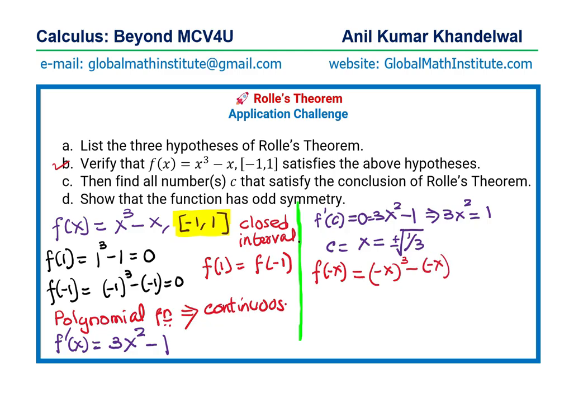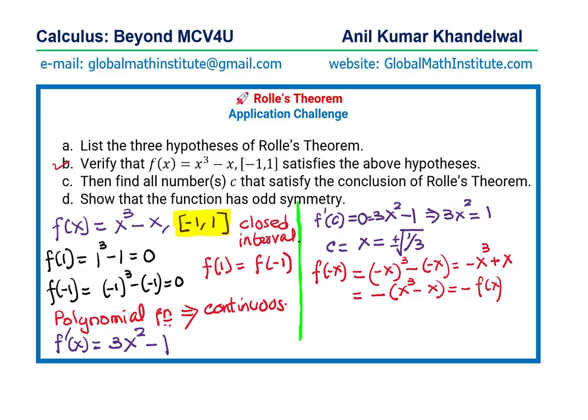That gives us minus x cubed plus x. And as you can see, we can take minus outside: x cubed minus x, which is minus of f of x. So we have shown that it has odd symmetry. Also from these turning points, you could see that it has odd symmetry, right?